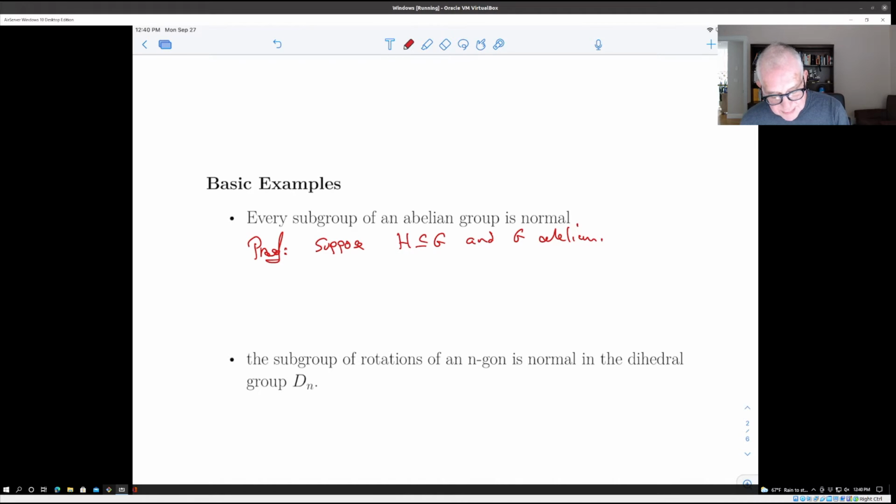Well, by virtue of the fact that this is an abelian group, we know that ghg inverse equals h for any h in H, because this is just a way of writing gh equals hg. And so gHg inverse is the same as H, and H is normal.